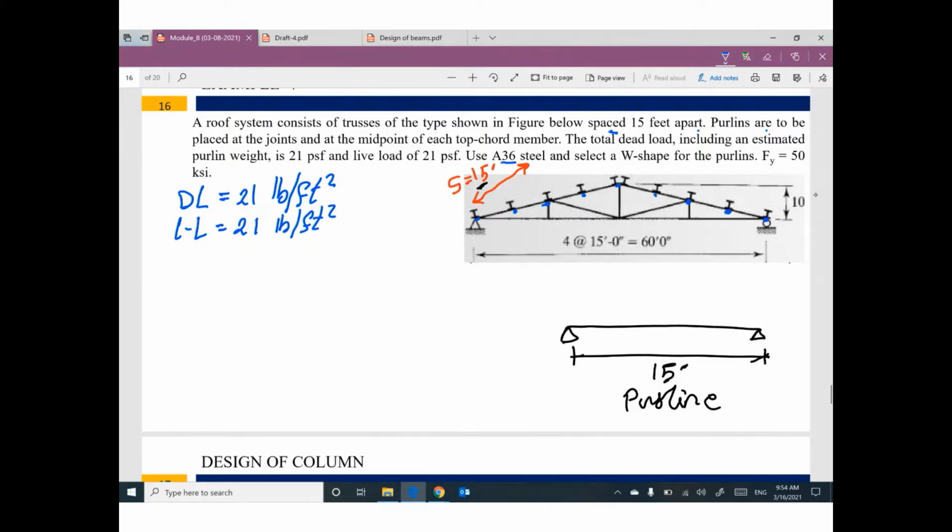Steel A36, so the F yield of steel equal 36 KSI. And select a W shape for the purlin. We have a mistake here. F yield not 50, it's 36. I'm sorry, because the steel is A36.